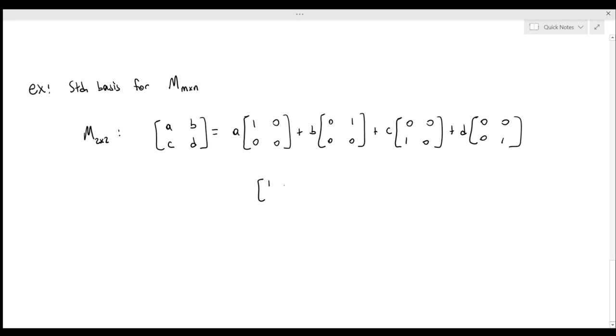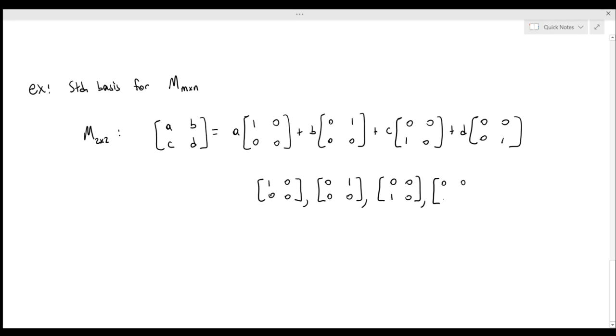All right, so then we see that these 4 matrices already span the space of 2 by 2 matrices, because every 2 by 2 matrix is already a linear combination of them. And the only way for this combination to equal the 0 matrix would be for a, b, c, d to all be 0.